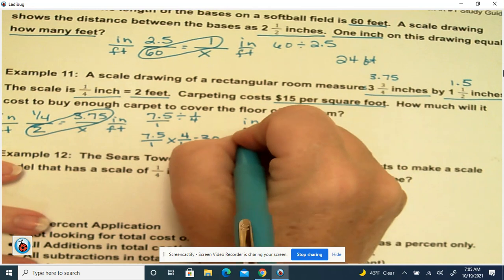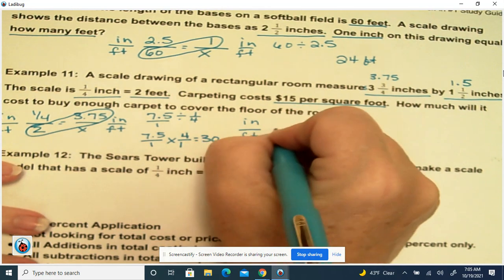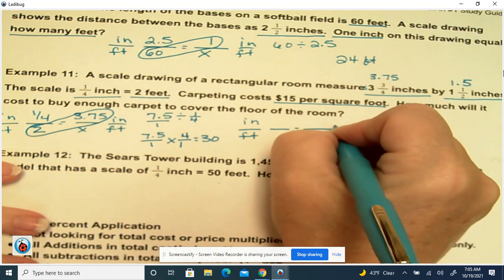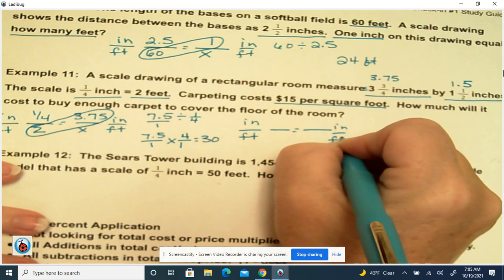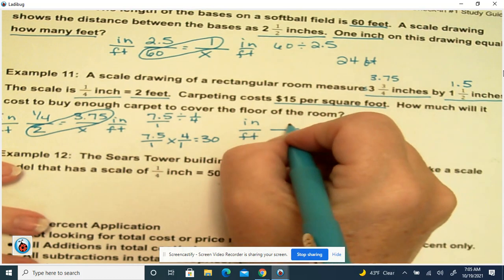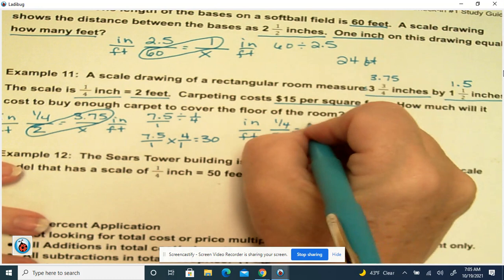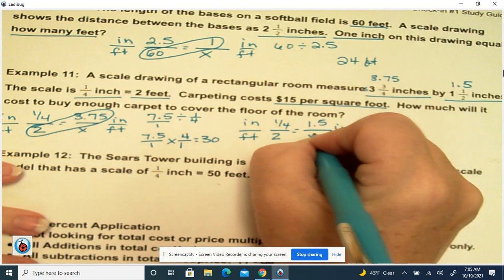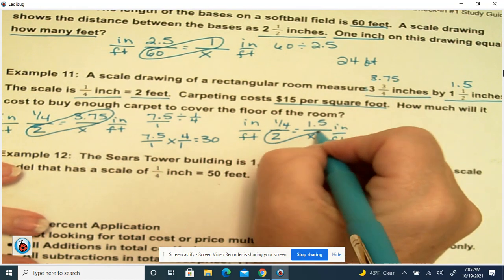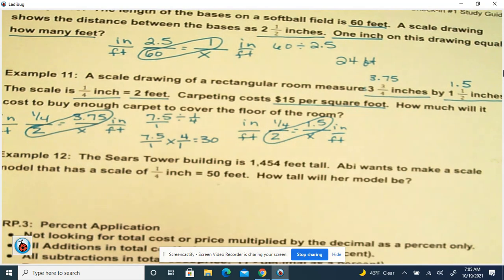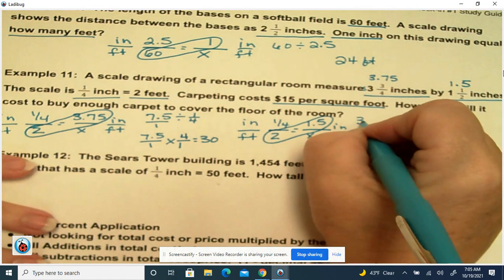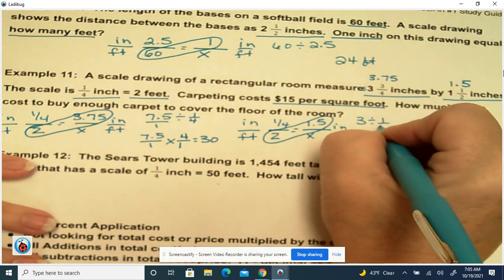So I've got inches over feet, and then inches over feet. I've got 1/4 and 2, and then 1.5 inch goes on top, and X at the bottom. 1.5 times 2 is 3, and we get 3 divided by 1/4.